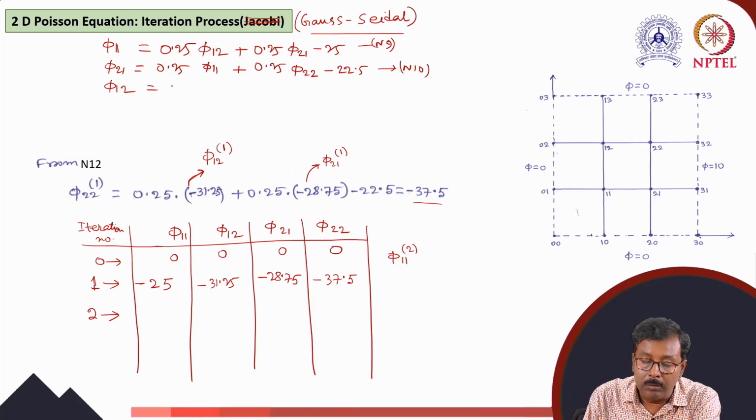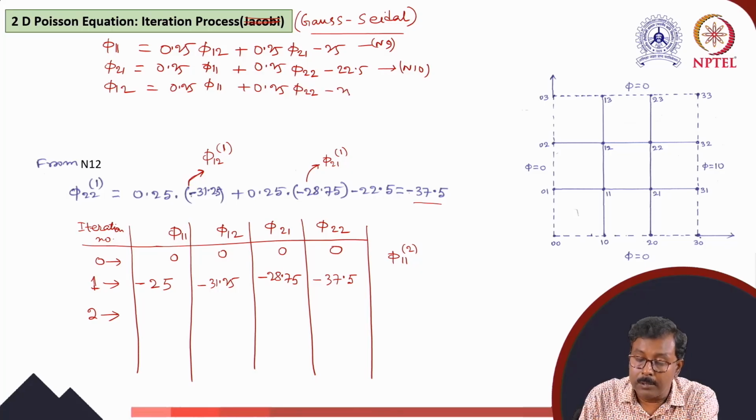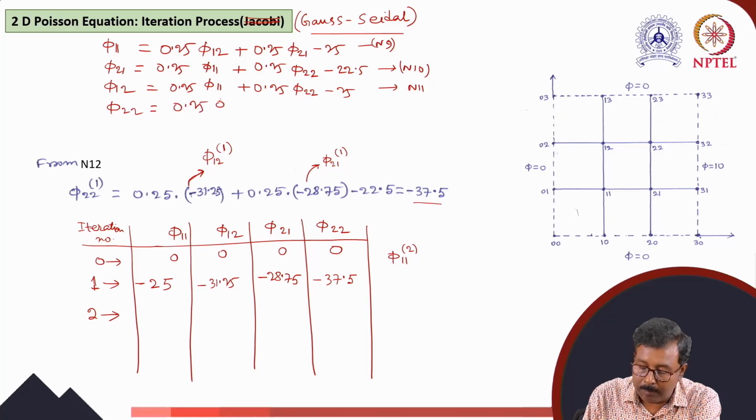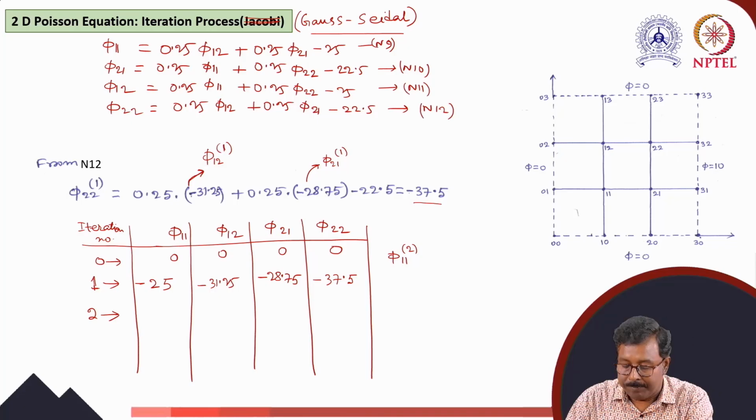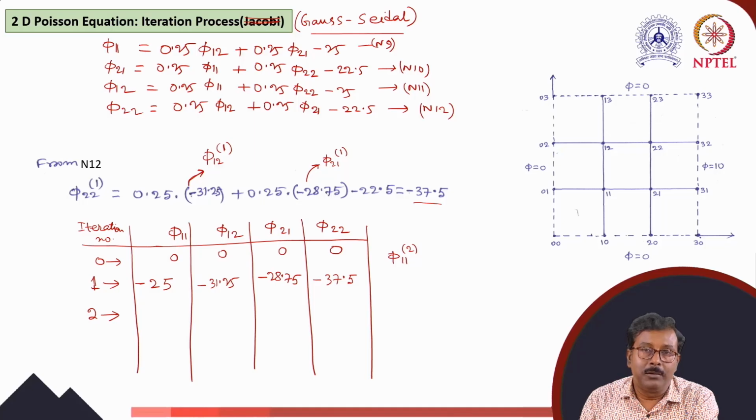Phi 1 2 is equal to 0.25 phi 1 1 plus 0.25 phi 2 2 minus 25, equal to N11, and phi 2 2 is equal to 0.25 phi 1 2 plus 0.25 phi 2 1 minus 22.5, equal to N12. So we use in-place updated values of the nodes.